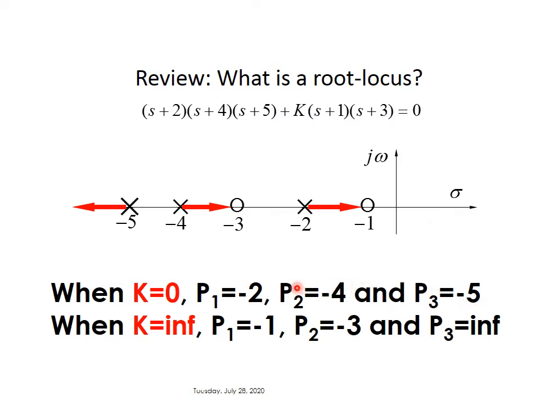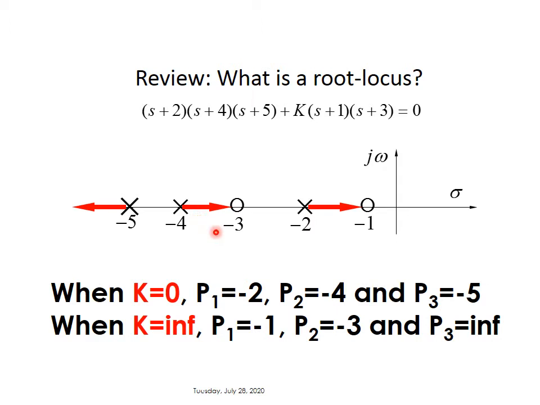So let's plot the position of the poles at k equals to 0. Here you can see it's marked with X or cross at minus 5, minus 4, and minus 2. So minus 2 being the first pole, P1, minus 4 is P2, and minus 5 is P3.